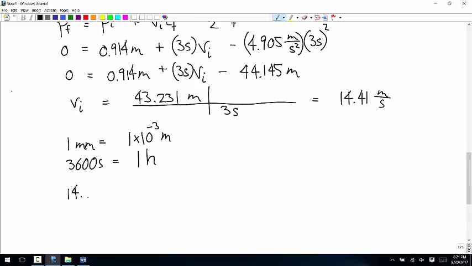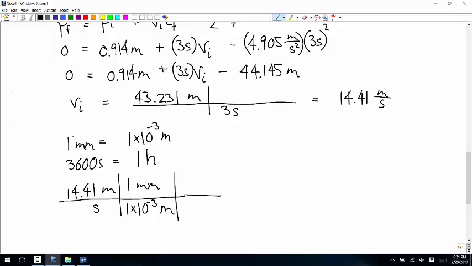So 14.41 meters divided by seconds. So we'll have 1 times 10 to the minus third, and then 1 millimeter on the top. And then 3,600 seconds in the numerator, and 1 hour in the denominator. And can someone calculate that?